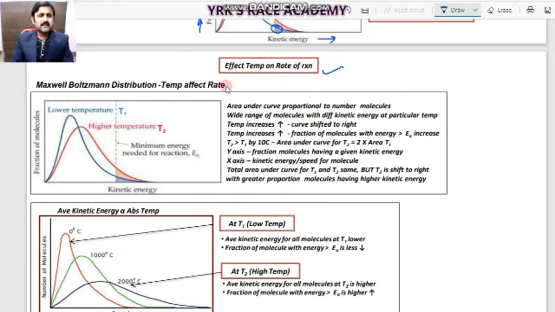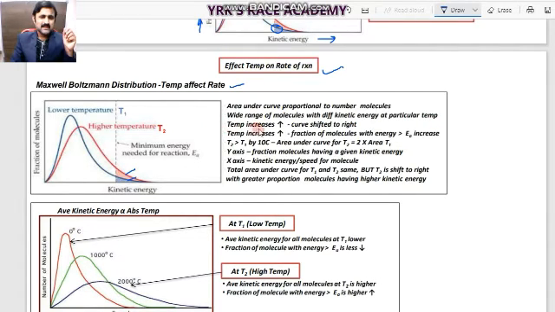Another effect of temperature on rate of reaction is seen in the Maxwell-Boltzmann distribution. In this distribution we observe that the area under the curve is proportional to the number of molecules. Here the red colored area and the blue one are shown, two colors, and a wide range of molecules with different kinetic energies at a particular temperature is shown.